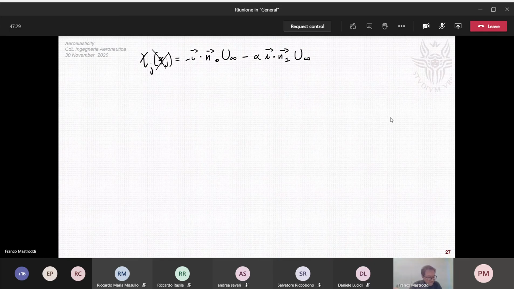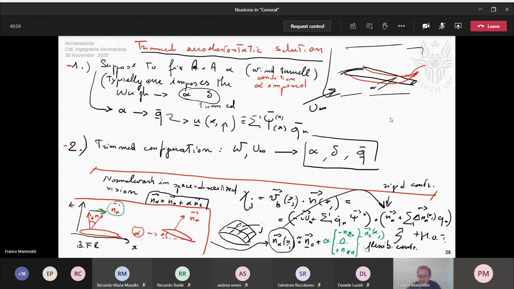And so we have this term, and we have also a summation of n from 1 to the number of modes, which is M, if you remember, and here we have q_n and I dot delta n by u infinite, and this contribution is the contribution of this multiplied by this.